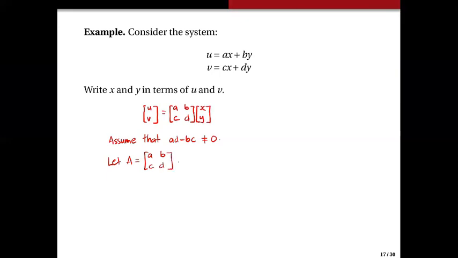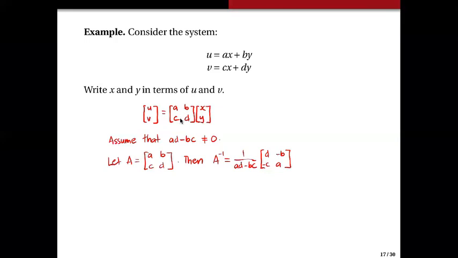Because AD minus BC is not equal to 0, we can solve for the inverse of A. Then A inverse is 1 over AD minus BC, and then here you will have D and A. So you interchange the diagonals, then here you negate the other entries.